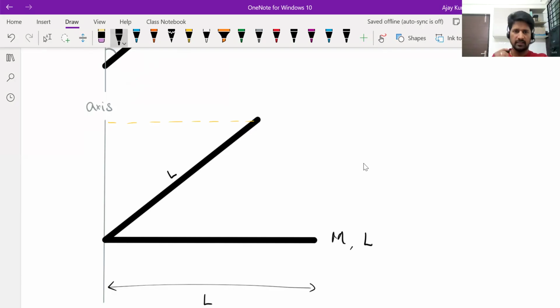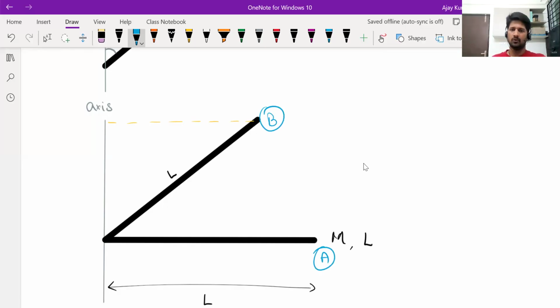It's closer. This distance is less than L now. So effectively, mass has come closer to the axis. Compared to position A, in position B the particles are closer to the axis. Total mass is the same, but the particles have come closer.